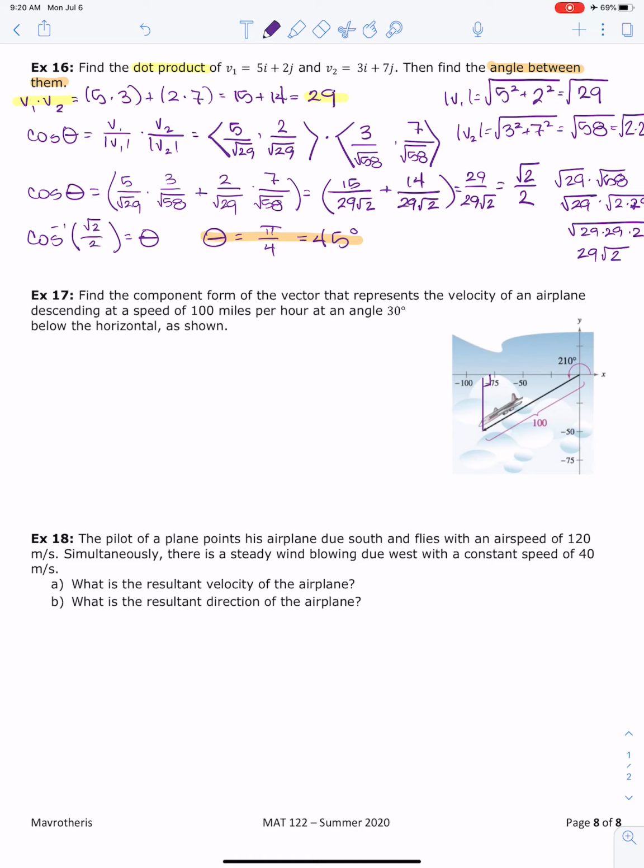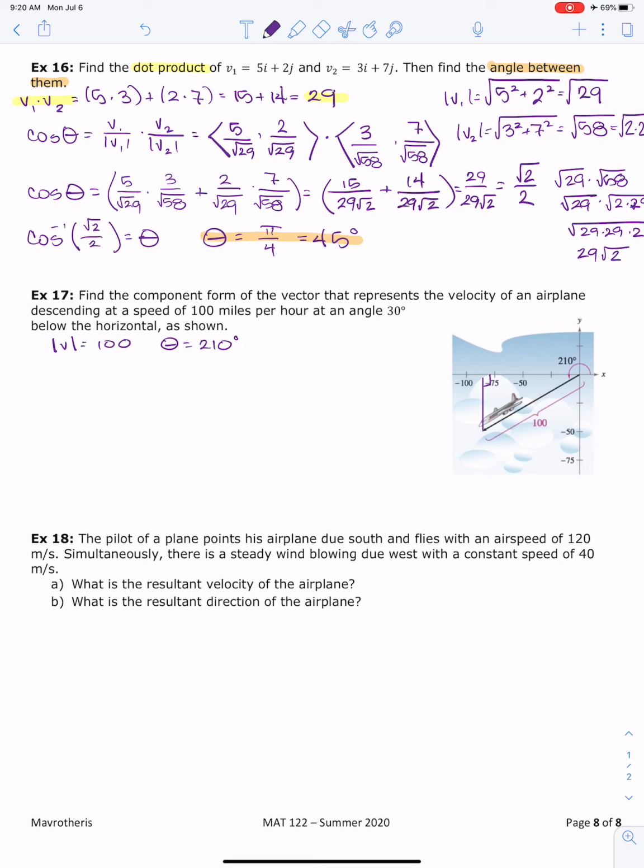Okay. I have an angle of 210 degrees. I have the magnitude of the vector, 100. So if we call this vector V, I have got this part, and then I know my theta is 210 degrees.